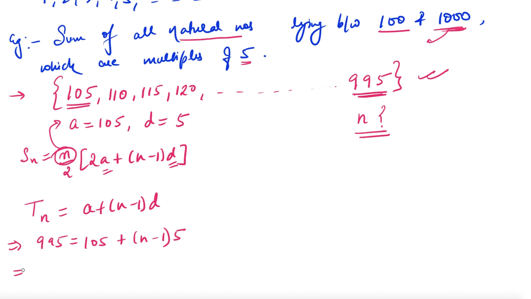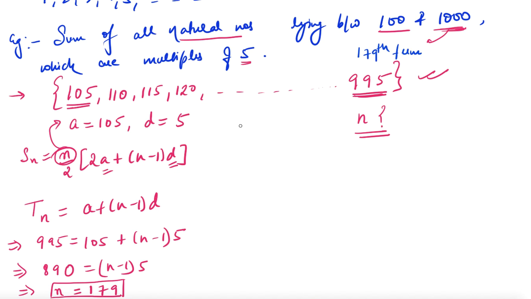So from this equation I can put 105 this side, so this becomes 995 minus 105, which is 890, equal to (n minus 1) into 5, which when you solve, we get n equal to 179. So it means that 995 is nothing but the 179th term of the given arithmetic progression.